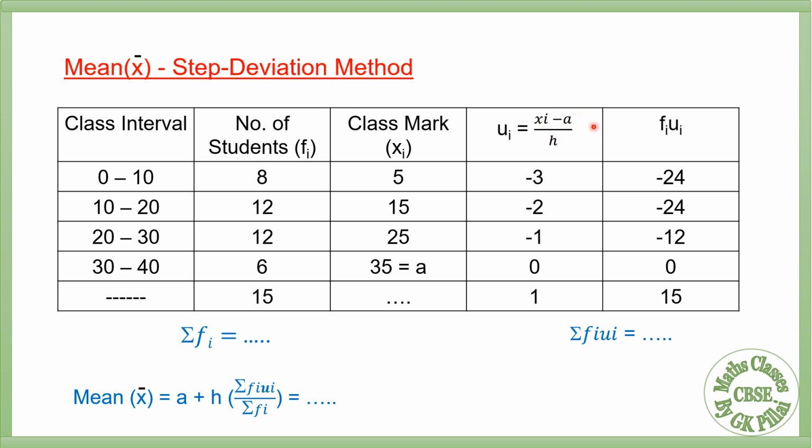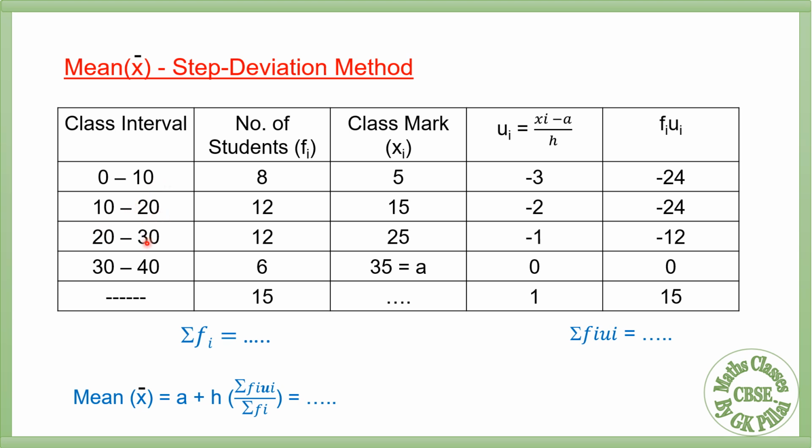Xi minus A is the same thing as discussed in the previous one. So 5 minus 35, minus 30, 15 minus 35, minus 20, 25 minus 35, minus 10, and so on. So that will be the numerical part of this. That you will divide by the class size.